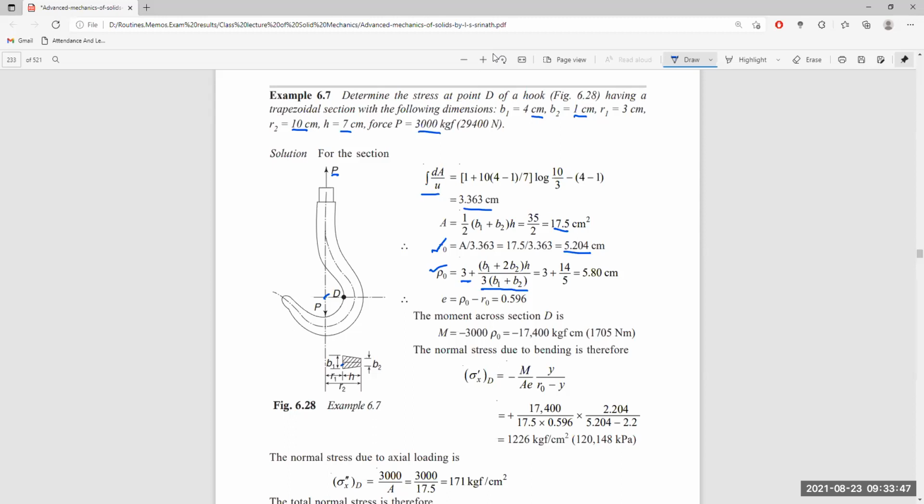Due to the action of P here, we have an external load. We have a load P as well as a bending moment, which is anti-clockwise in nature, so it is defined as minus P itself.